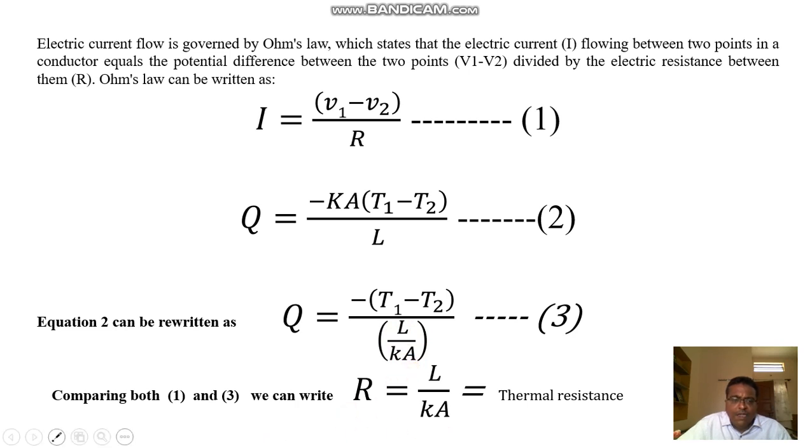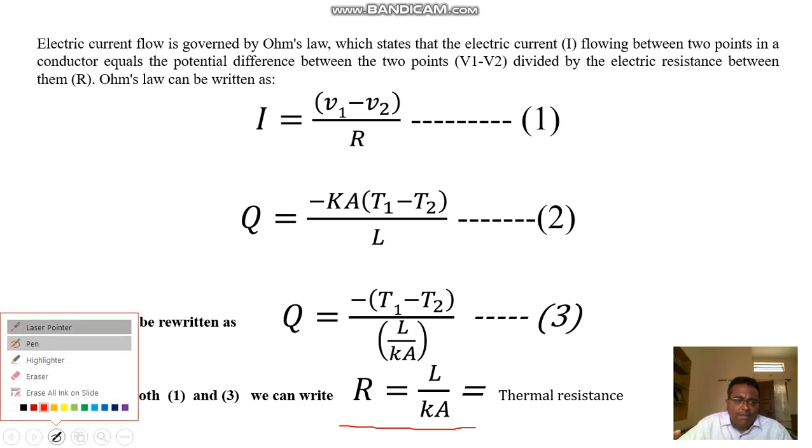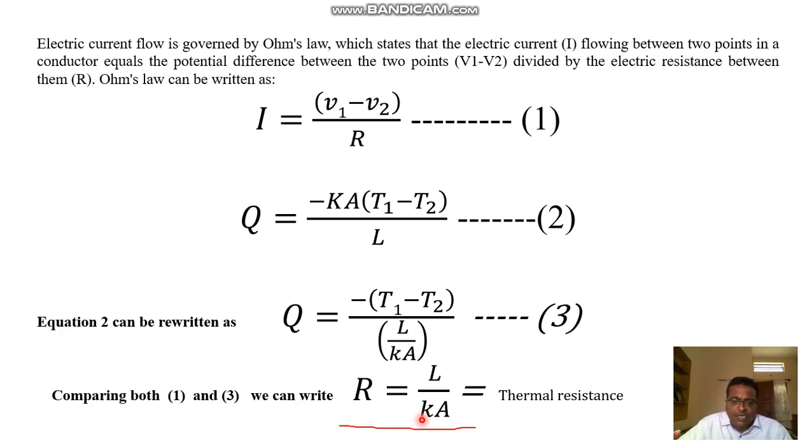This entire expression is called the thermal resistance, that is R is equal to L divided by KA, the thermal resistance in case of conduction. Since K is in the denominator and the area is in the denominator, if K increases, then R will become less, that is resistance will become less and more heat will be flowing.